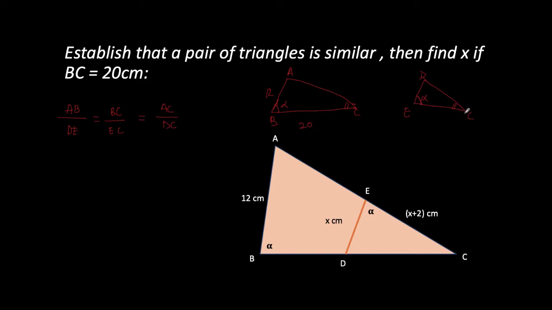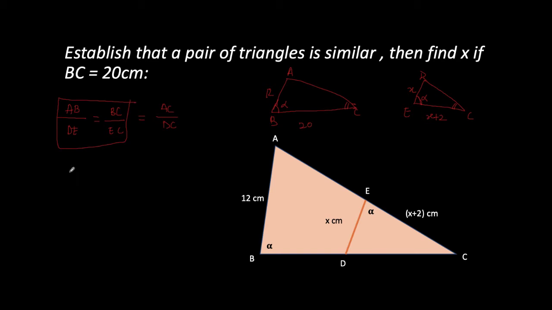Okay, let's write down the information we know for this triangle, that is ED is X and EC is X plus 2. So we'll consider only these two ratios because AC is not required. We don't need to find anything related to AC and DC. So we'll just use these two corresponding sides ratio.